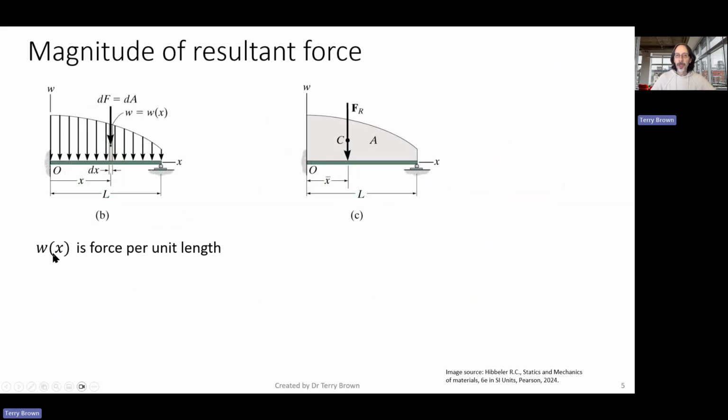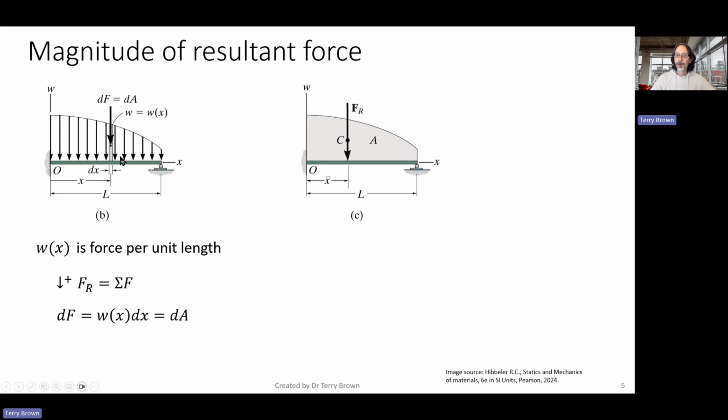As I said, the distributed load, force per unit length, is described as w as a function of x. So the total force, or the resultant force, is the sum of all of the little forces along the length. Using calculus, we split up this distributed load into small lengths dx, and each of these has a small force dF.